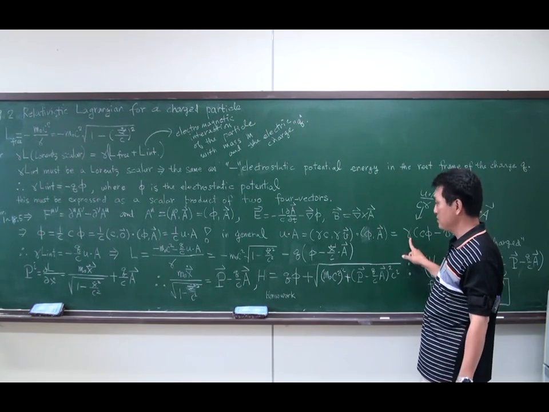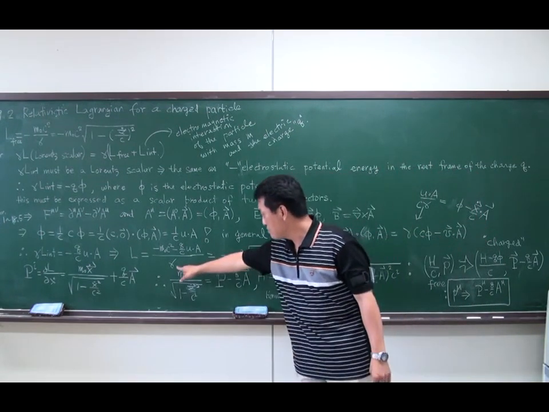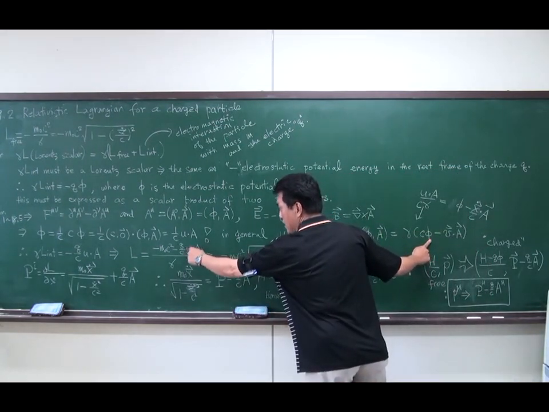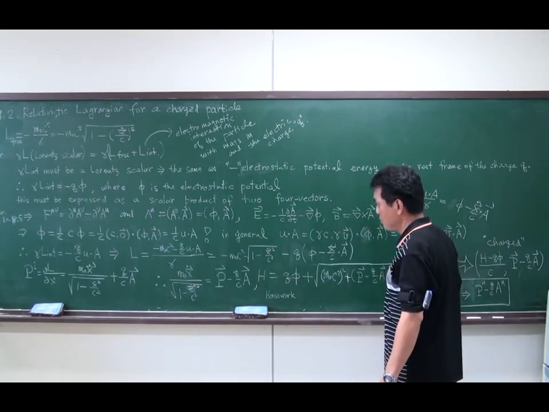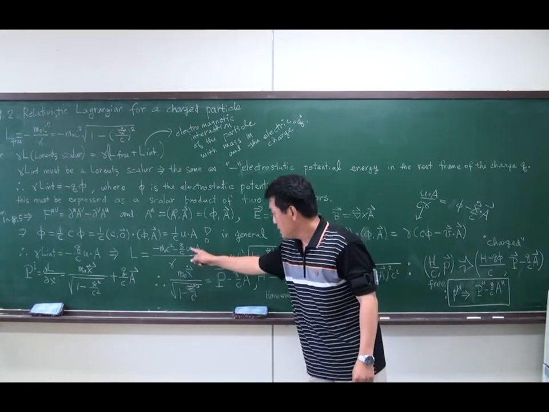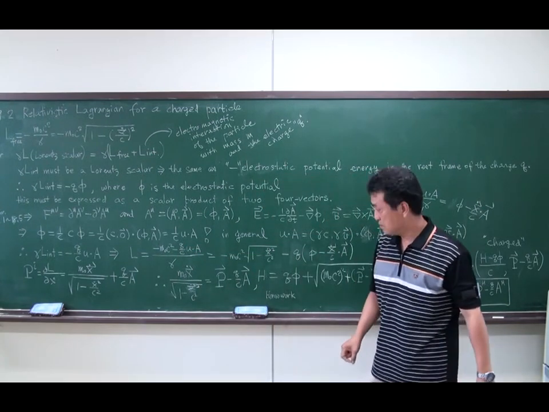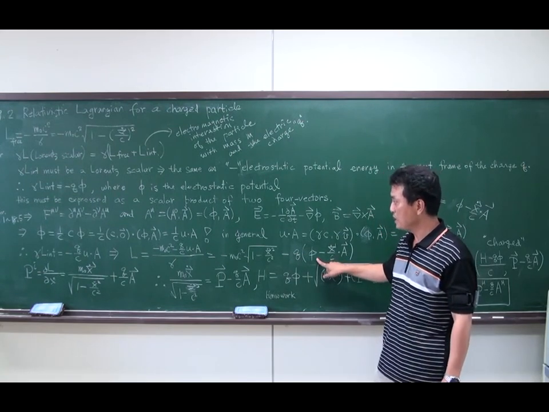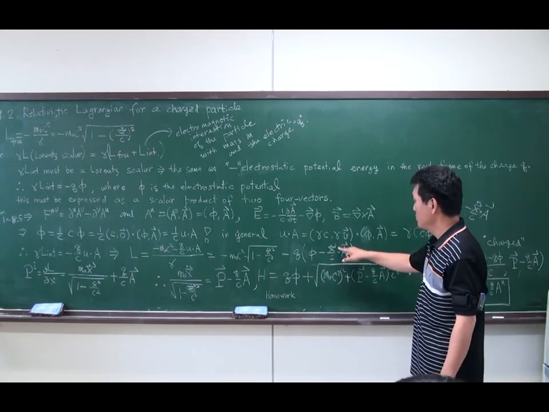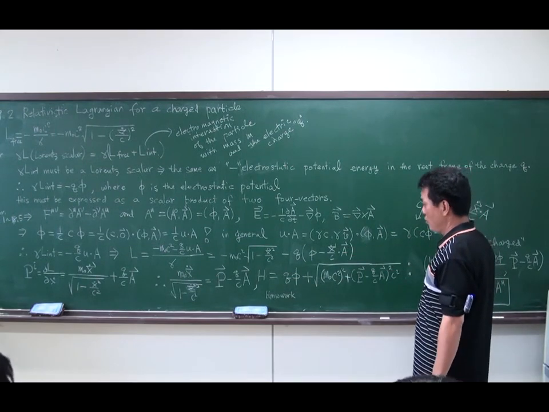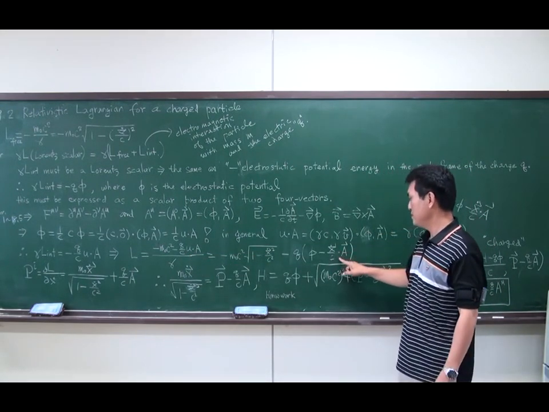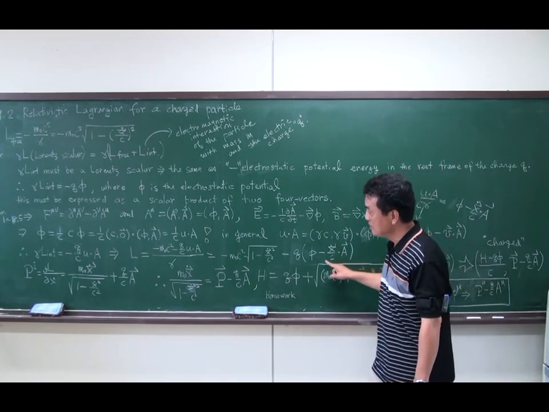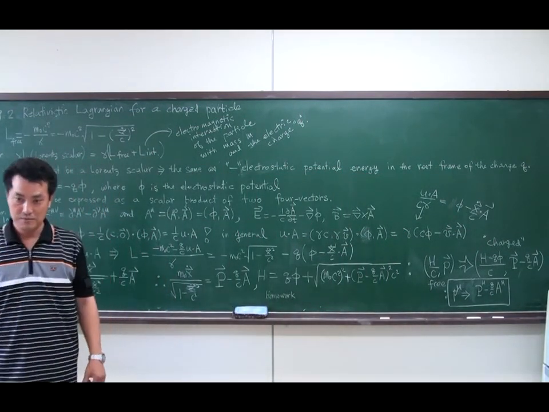So I factor this gamma out, and that gamma cancels the gamma in the denominator, where u is gamma c, comma gamma v. The c in the zeroth component cancels the denominator, so I have minus q phi as the zeroth component, and the spatial component is plus q v over c dot A. So we have found the Lagrangian for the charged particle.